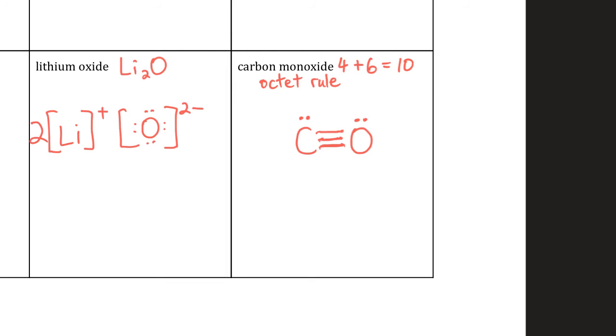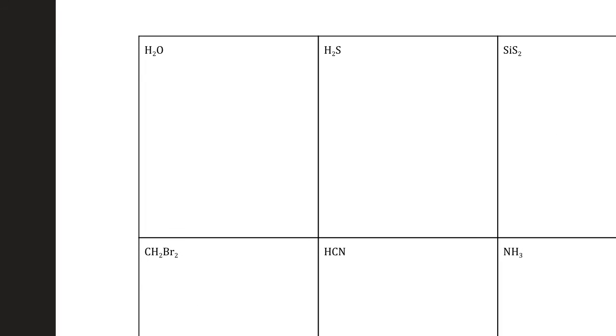Let's take a look at the next page. On the next page, we've got water. So for water, H2O, and you probably have seen this before, you're going to have oxygen in the center with 2 hydrogens.